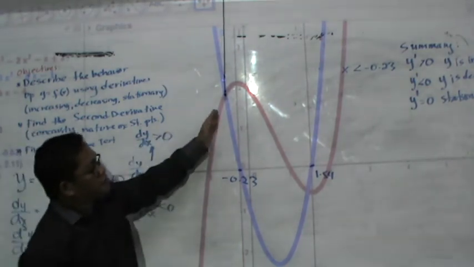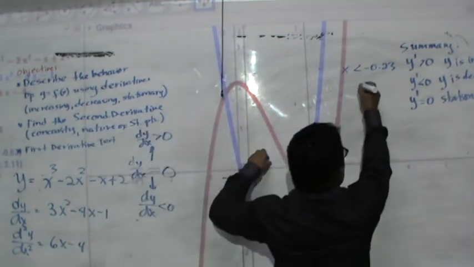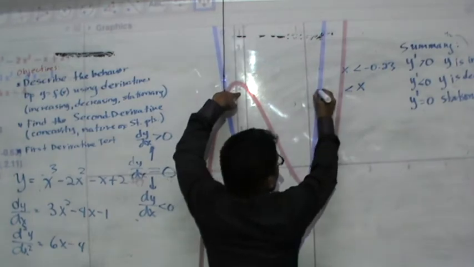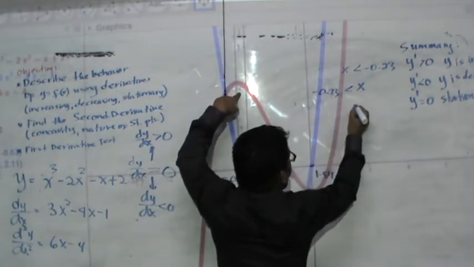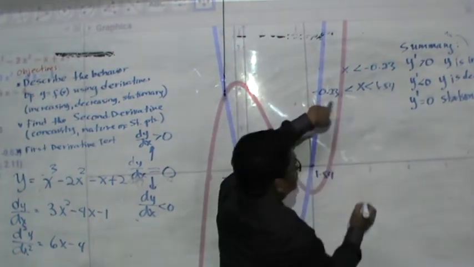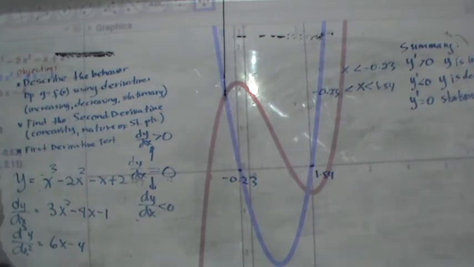It's going up. Now, it is decreasing when x is greater than negative 0.23 but less than 1.54, we can say that your y is decreasing.